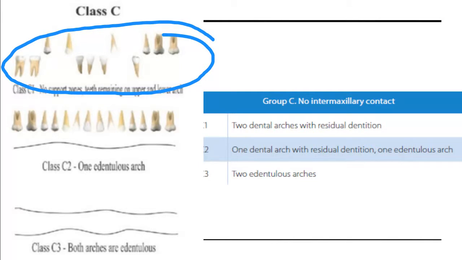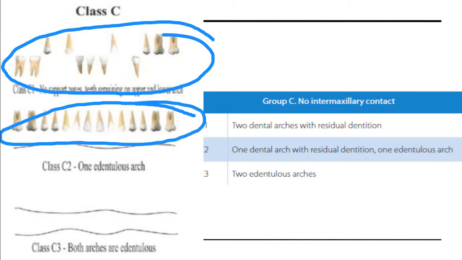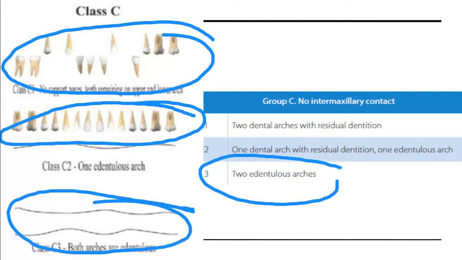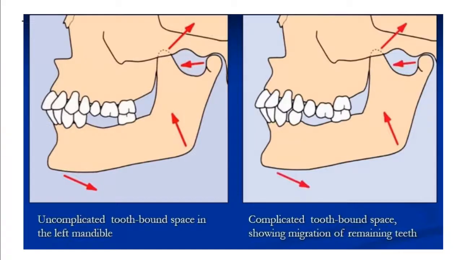In class C2, you have a situation where you have teeth in one arch and no teeth in the other arch. And in class C3, you have two edentulous arches, a completely edentulous mouth. So this is Eichner's classification.